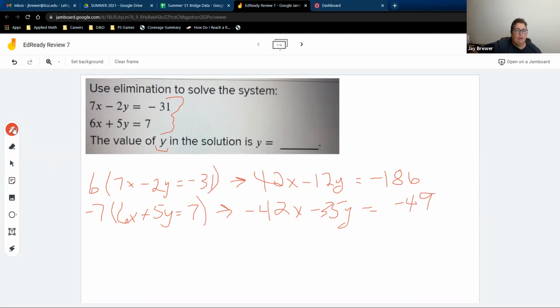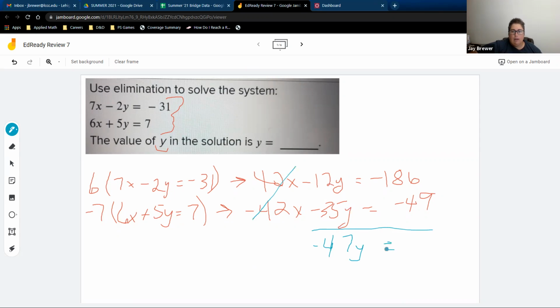Now, what we'll notice here is that the 42x's will cancel. That's leaving us with just the y's. So -12 and -35 will give us a -47y.